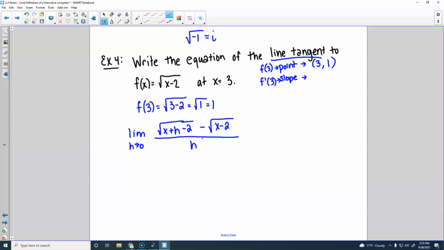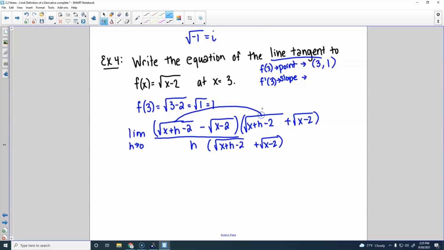We okay plugging that in? Okay, how do we solve this? Multiply by the conjugate. It's ugly. But when we multiply here, the square roots are just going to go away. x plus h minus 2.